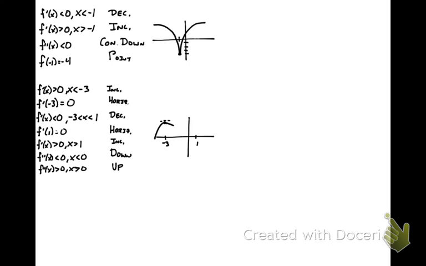So it's concave down into 0, where the graph changes to concave up into 1, where it's horizontal, and then it increases after 1. You're looking something like this. Let's look at the last example.